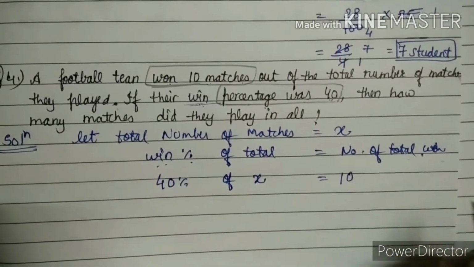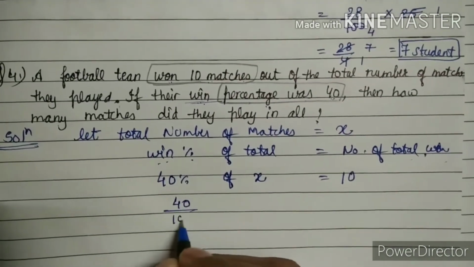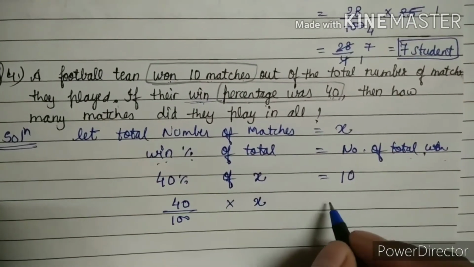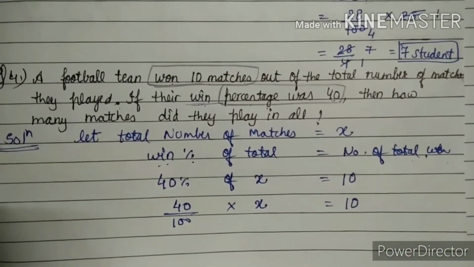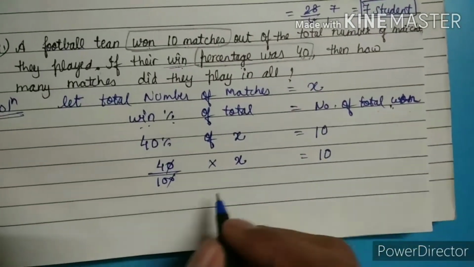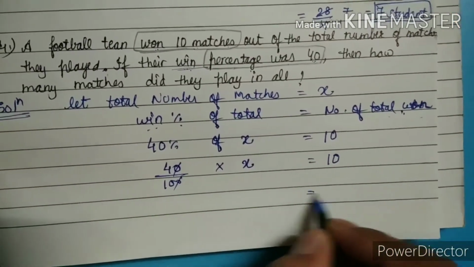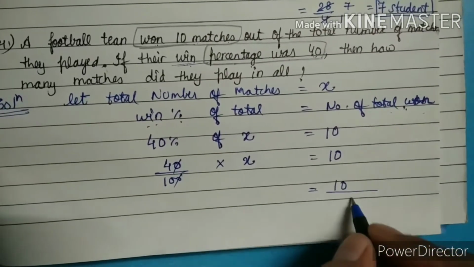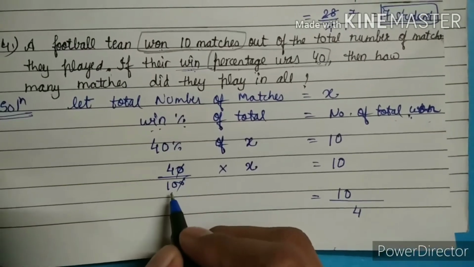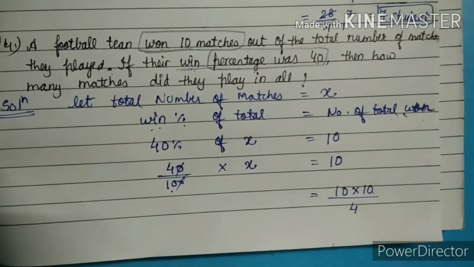10 matches. So we have to remove this percentage symbol. So 40 by 100 will come. In place of "of" we are putting a multiplication, and 10 as it is. 0 to 0 cut. As you can see here 4 is in the multiplication, so we will send this 4 to the division, and the denominator 10 will go to the upper side in the numerator in the multiplication.